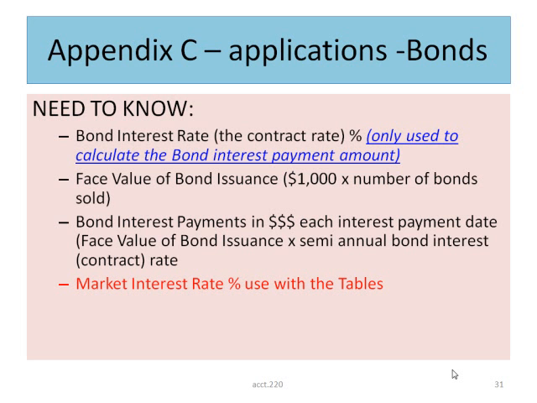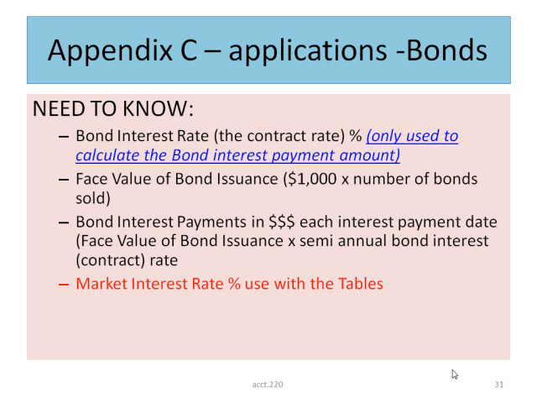You also need to know on these problems the face value of the bond issuance. So if I said to you, we issued 30 bonds, the face value of the bond issuance would be $30,000. That's the $1,000 face value times the number of bonds sold. You need to calculate the bond interest payment. So again, you'd take that contract rate, whatever it is, 9%, and multiply it by the face value of the bond issuance.